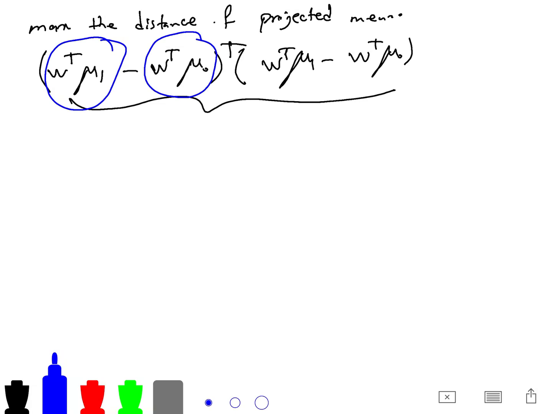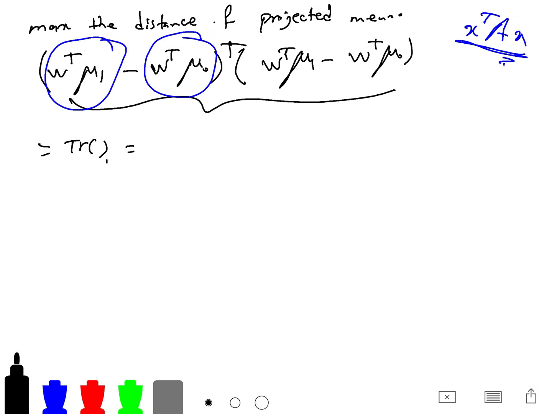One can say, okay, why just Euclidean distance? I can do Mahalanobis distance as well. So that is metric learning and those things. And so you see, all of them are related to each other. And in trace, if you just expand this, the trace of a scalar, it becomes (mu 1 minus mu 0) transpose W transpose (mu 1 minus mu 0).